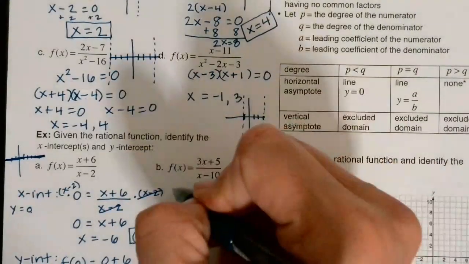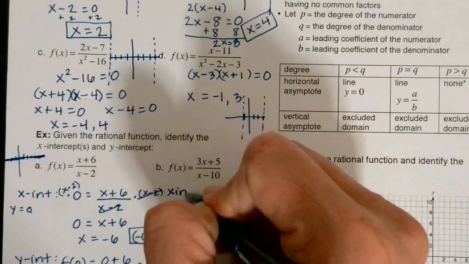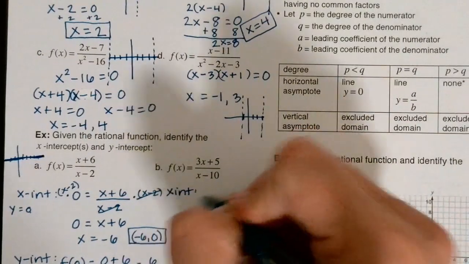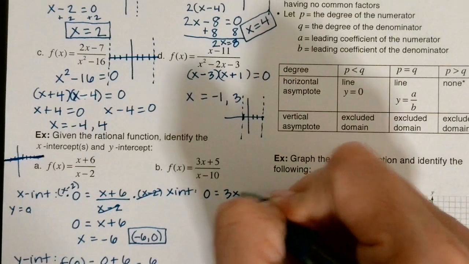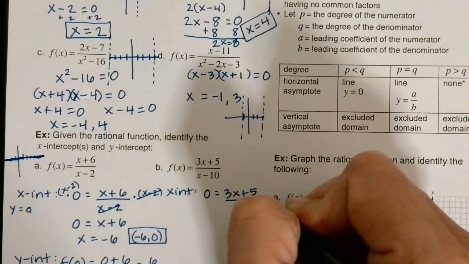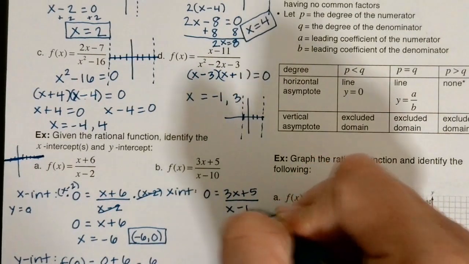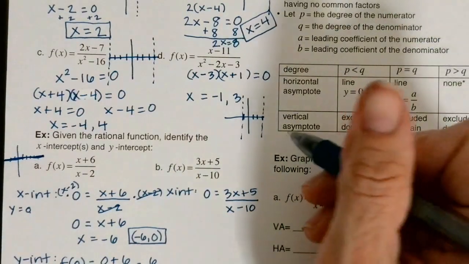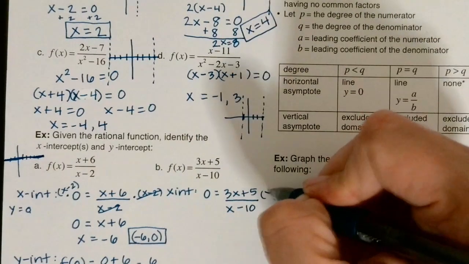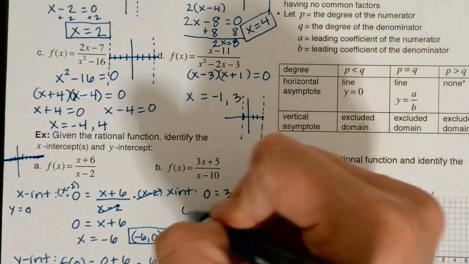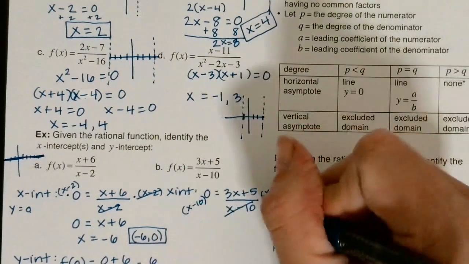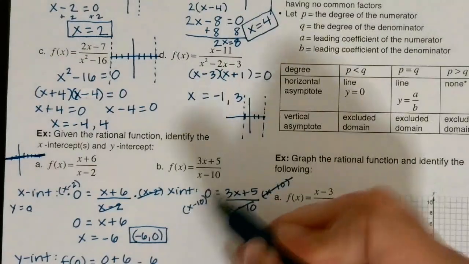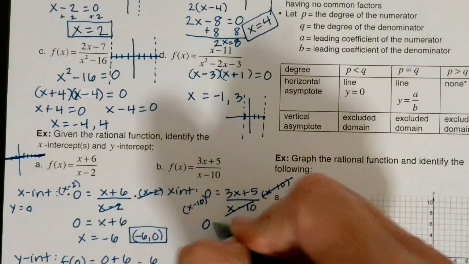Okay, let's move on to B, do the same thing. So if we're finding our x-intercept, we let y equal 0. Okay, so we're going to multiply both sides by x minus 10. And then those two cancel out, and 0 times x minus 10 is 0.